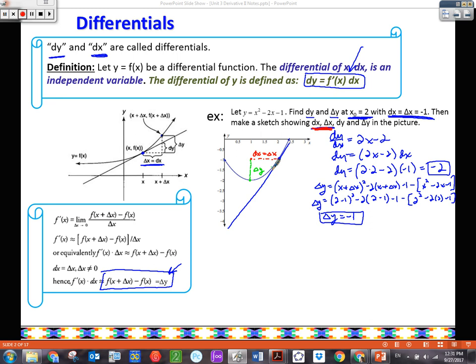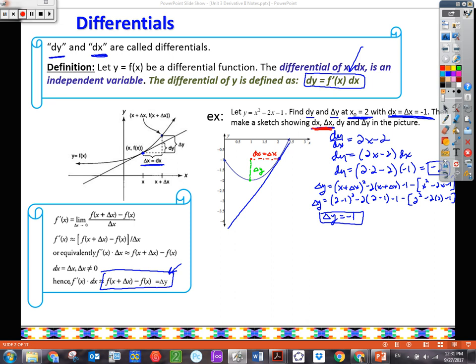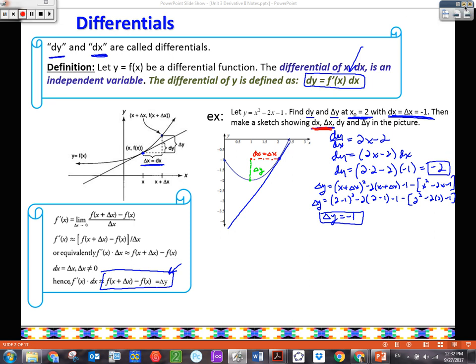Then let's work on dy. So dy is the difference between my original y value of my point of tangency and the tangent line. So it's this. This distance right here is dy.